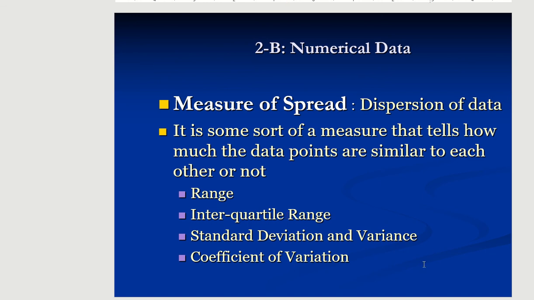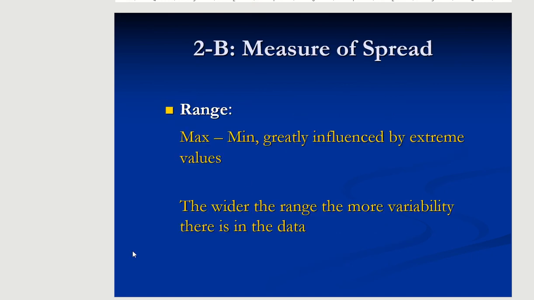Again, here we have a choice of measures of spread that we're going to cover: the range, the interquartile range, the standard deviation, and the coefficient of variation. The range is simply the maximum minus the minimum, and basically what this is doing is telling you over how many units the data is spread.